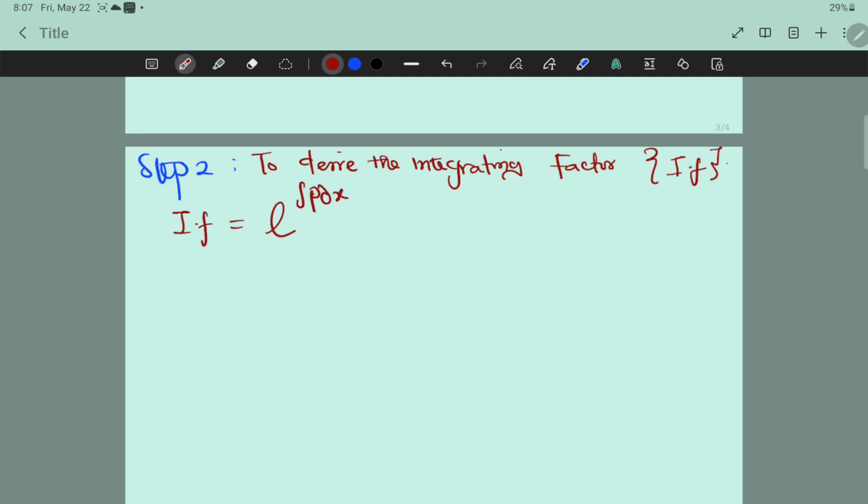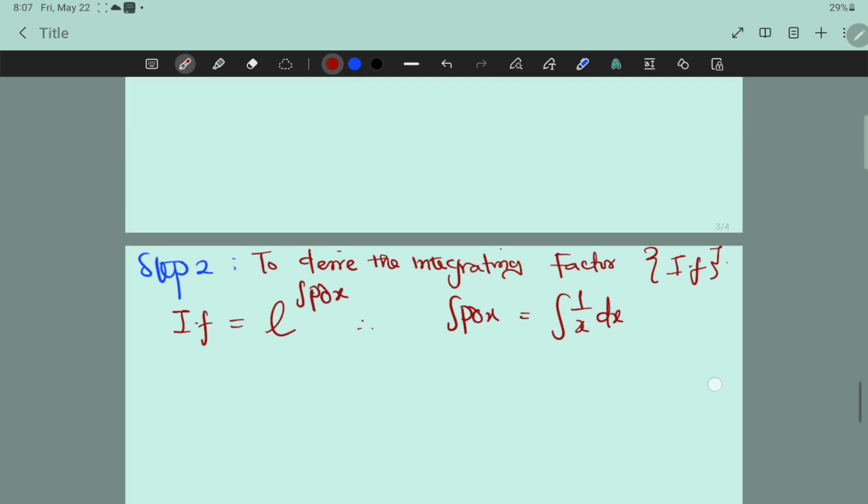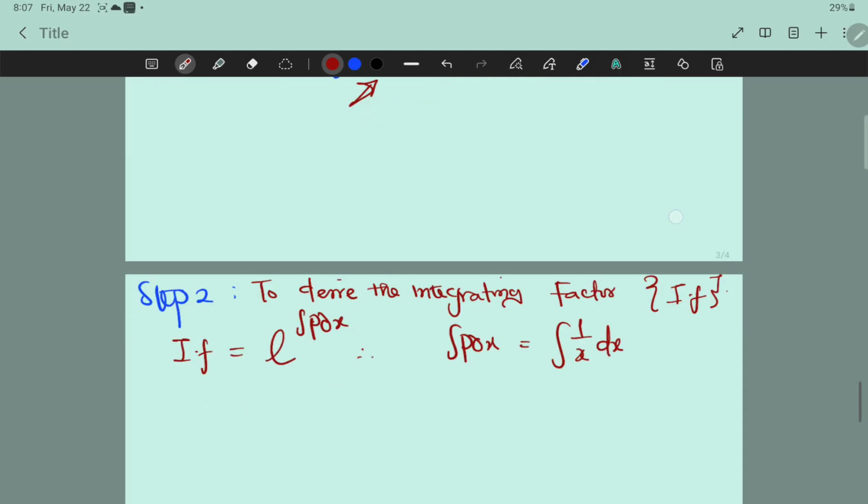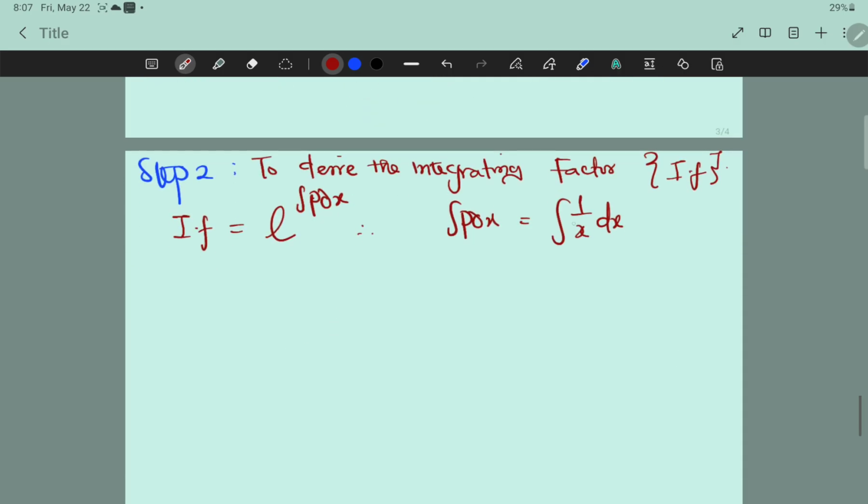First of all, the integral of p dx is the integral of 1/x dx, because your p was 1/x. If you integrate 1/x, you're going to have ln x.